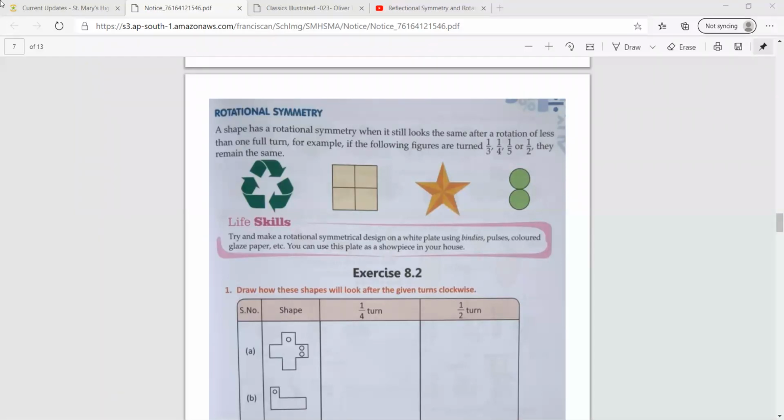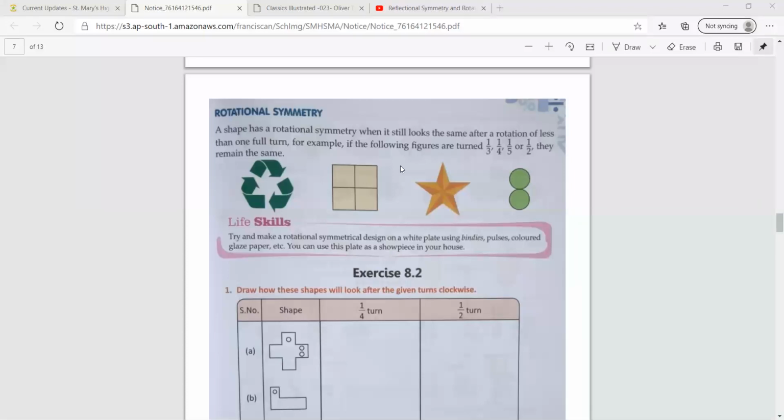Now for reflectional symmetry, it was very easy for you. If you draw a line of symmetry and if both the sides are same, it is reflectional symmetry. But in rotational, you have to think that if we turn it, not a full turn, and then also we are getting the same thing, then it is a rotational symmetrical figure.